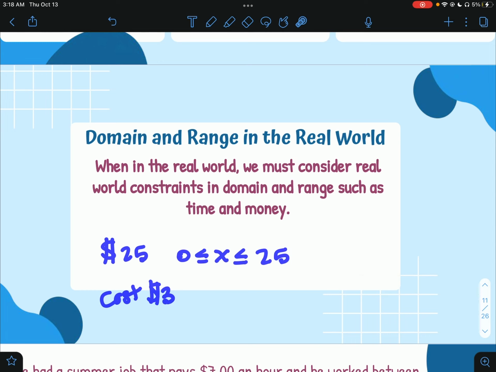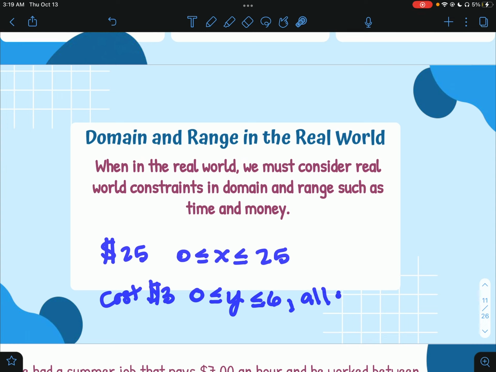Well, the number of items you can buy is controlled by how much money you have. They cost $3 each. You could buy no items, or you could buy, how many $3 items can you buy in $25? 6 items. Now, this has an additional constraint.